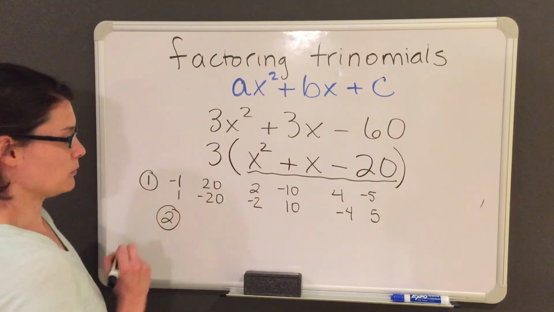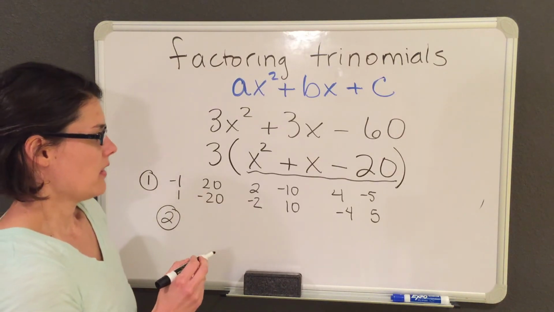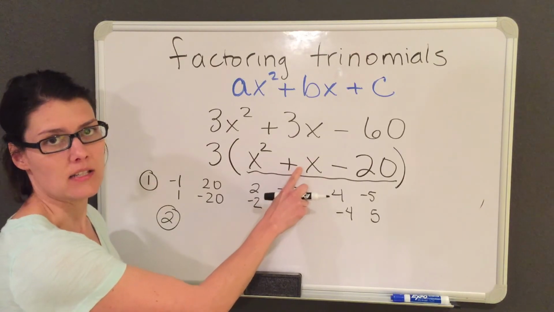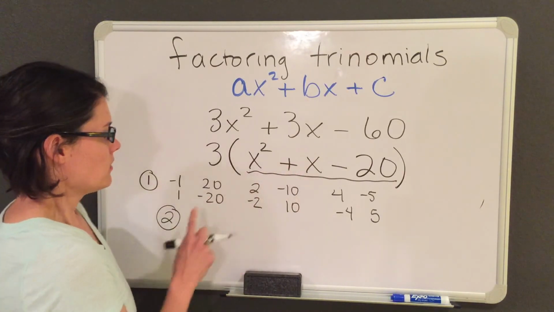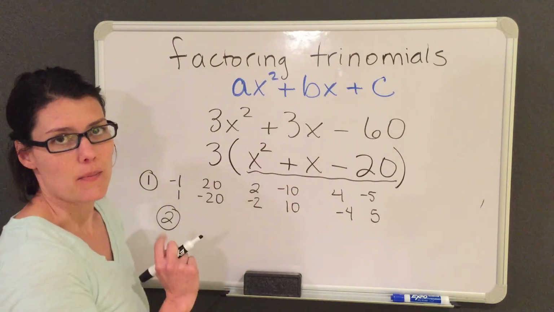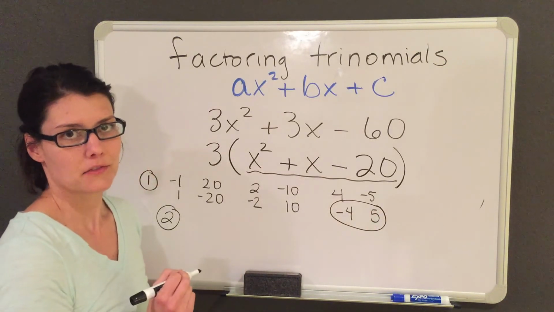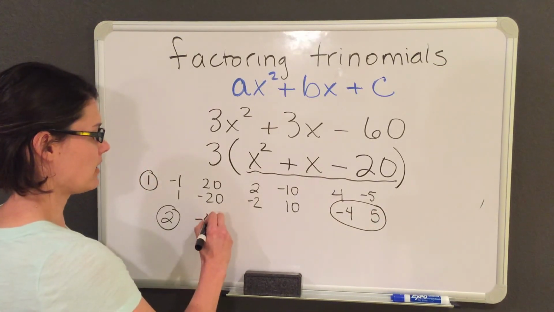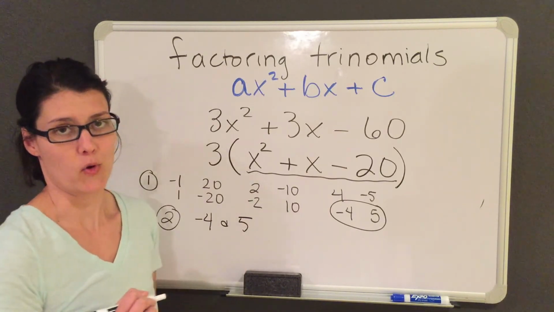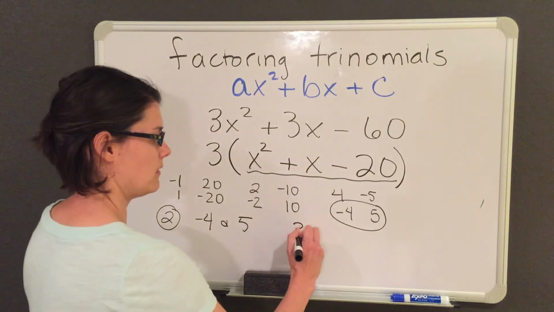Now I go to step 2. I want to pick the pair of factors that add to be my middle term. In this case, I get a positive 1. So if I go over all my pairs, I see the only two that give me a positive 1 are negative 4 and 5. So negative 4 and 5 are the two factors I'm going to choose. And then you're ready for your last step.